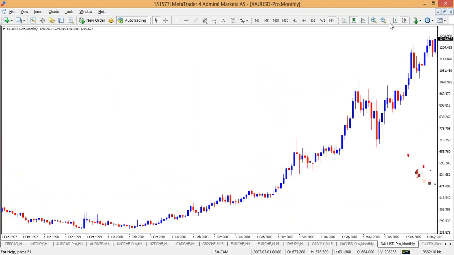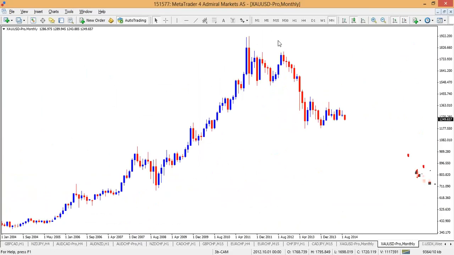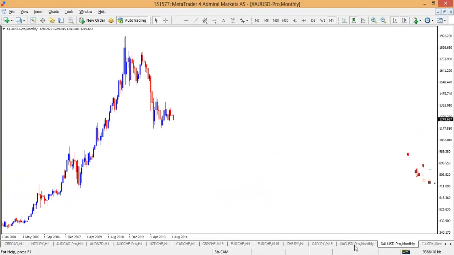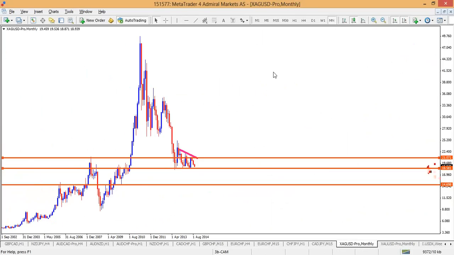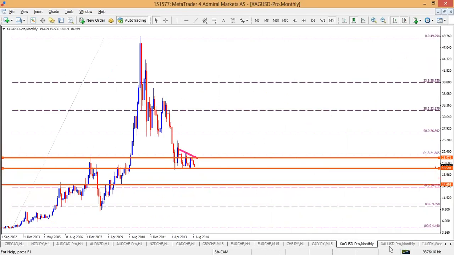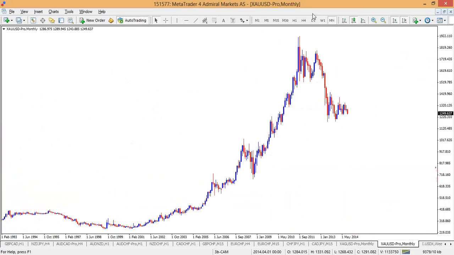XAU USD, less bullish, less bearish than the XAG, because if you compare relatively the swings, you can see that price went all the way past the 61.8 here on the XAG.